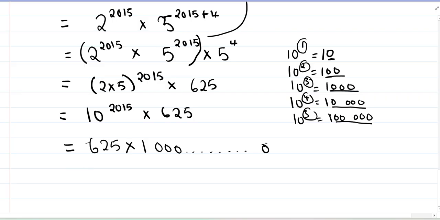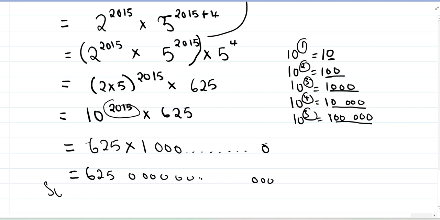So when I multiply, this will be nothing much but 625 followed by zeros, and we know that the zeros will be 2015 in number.